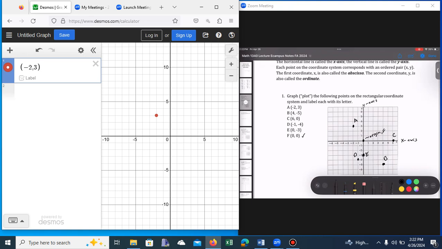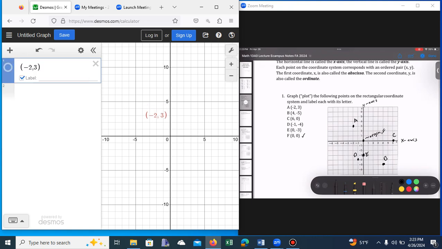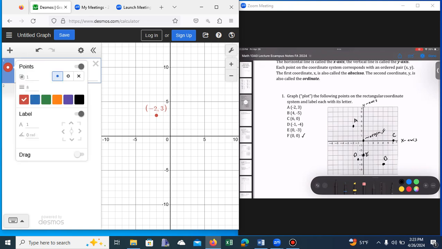We could label it A, or you can just keep off the title and keep the label, and it's just -2, 3. You can make it open. So you can change it to open, you can change it to X, you can change color, that sort of thing. Let's go back to the dot.